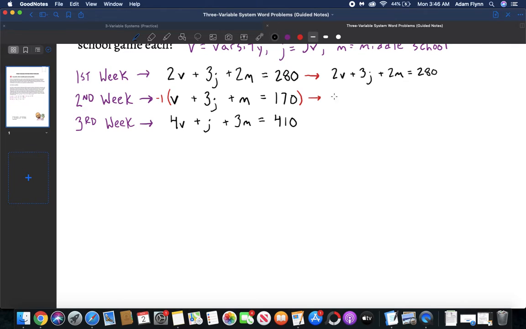And then my bottom equation is going to turn to -v minus 3j minus m equals -170. So I can now combine these two equations.